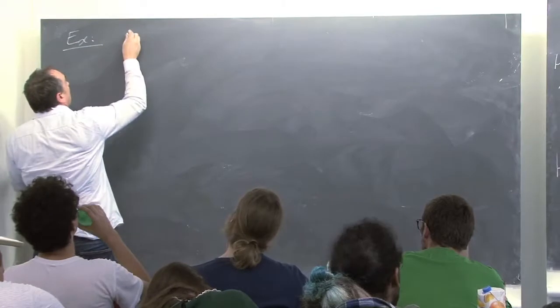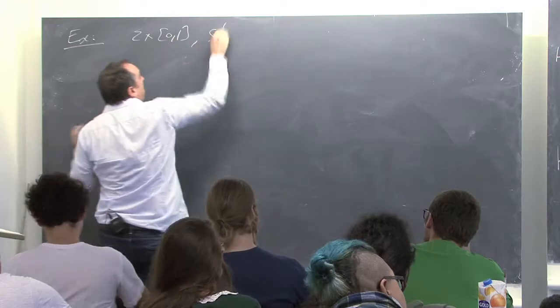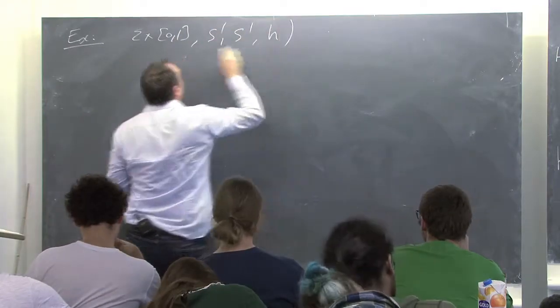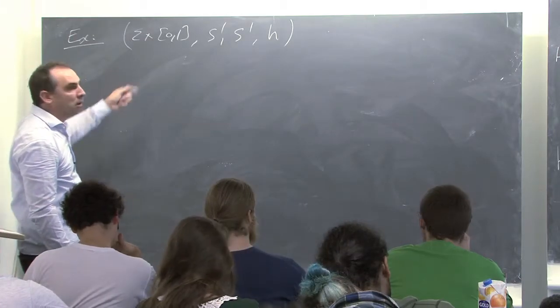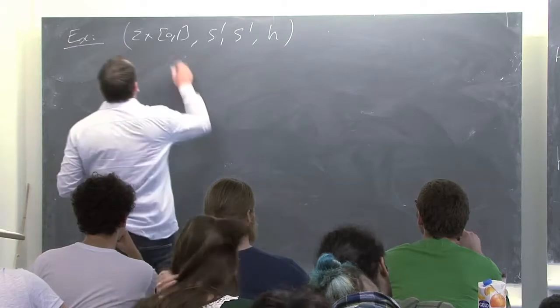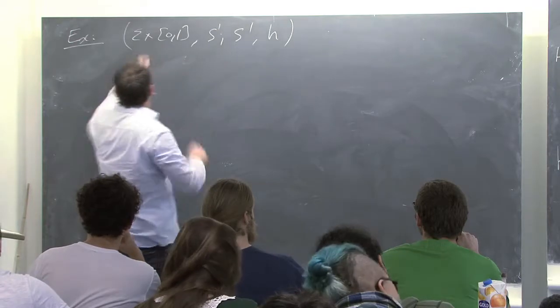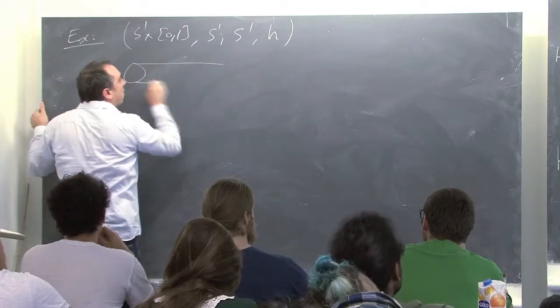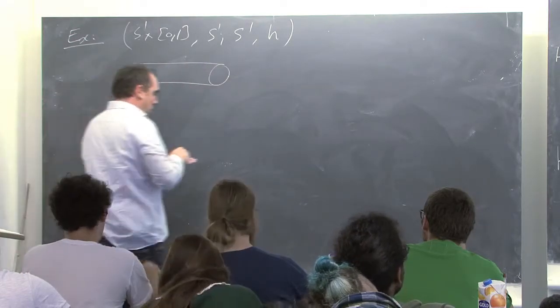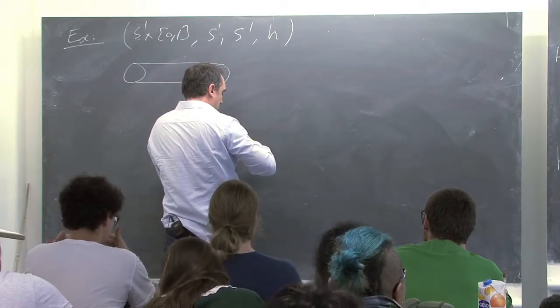So the example of this cobordism, the cylinder, from the previous example. So sorry, that's S1 cross [0, 1], S1, S1. So the cylinder, as before.